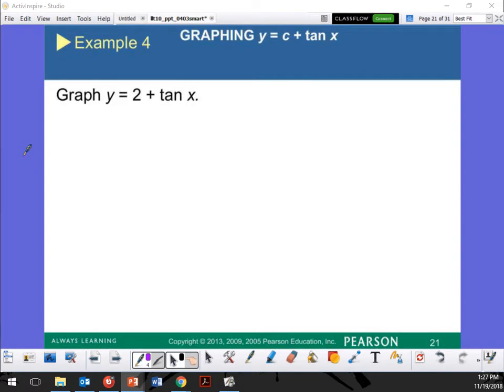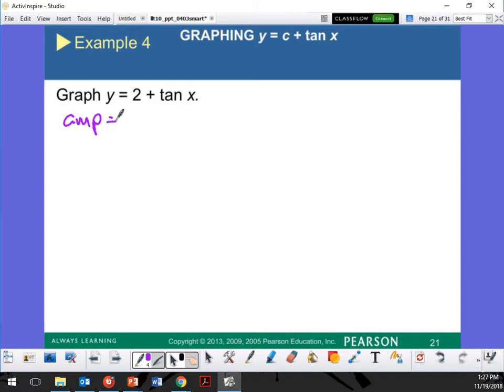All right, example 4, graph this one right here. Now, first thing, I'm going to go through my list of things I need to start by doing. What is the first thing? Say it, and I did it wrong the other day. Amplitude, right?